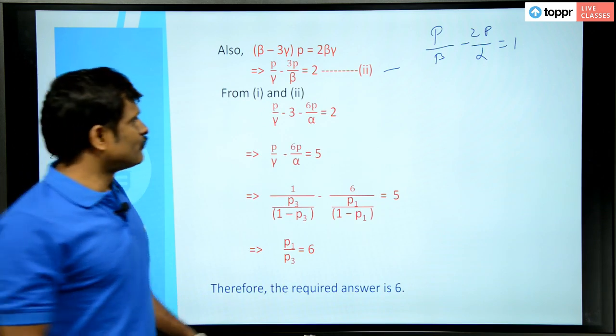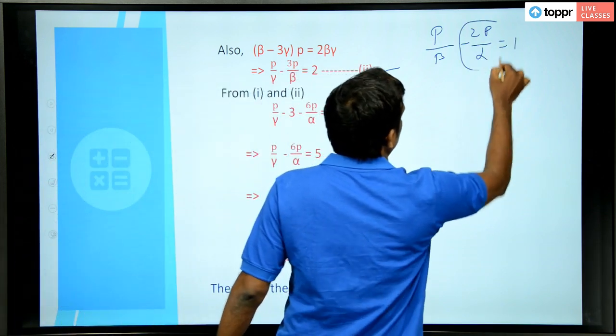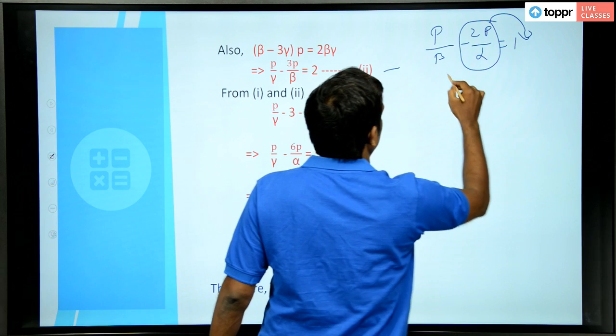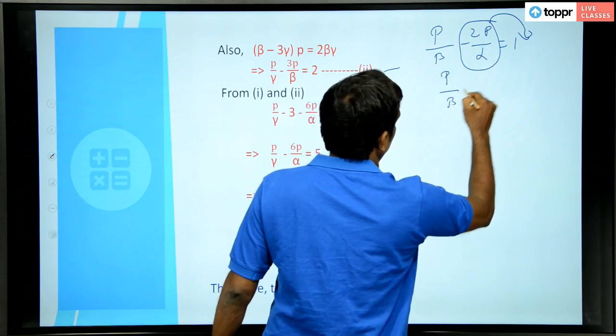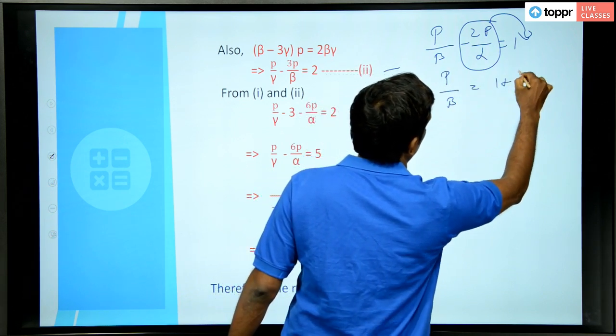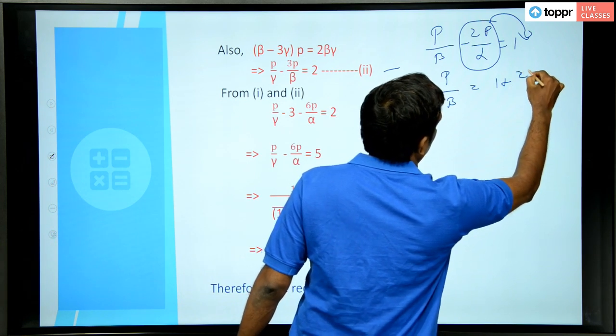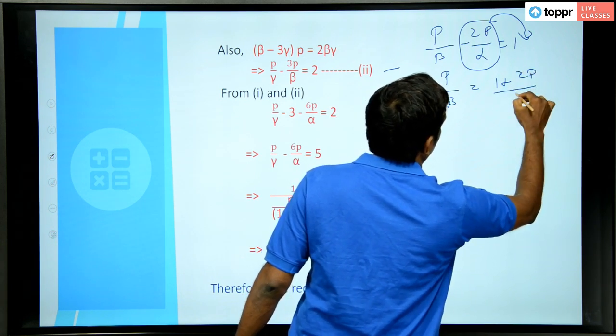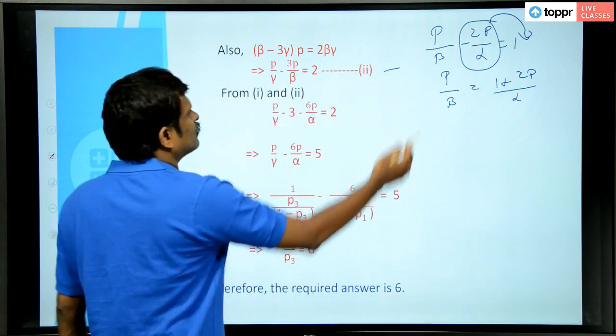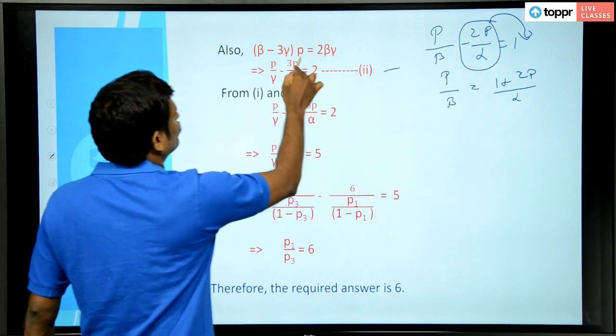Now what can you do? You can just substitute this value, means send it to the other side and find the value of P by beta and substitute that in the equation. So I substitute that value into this equation.